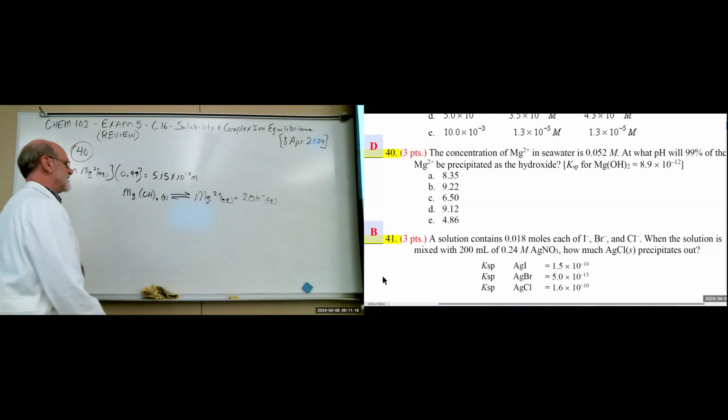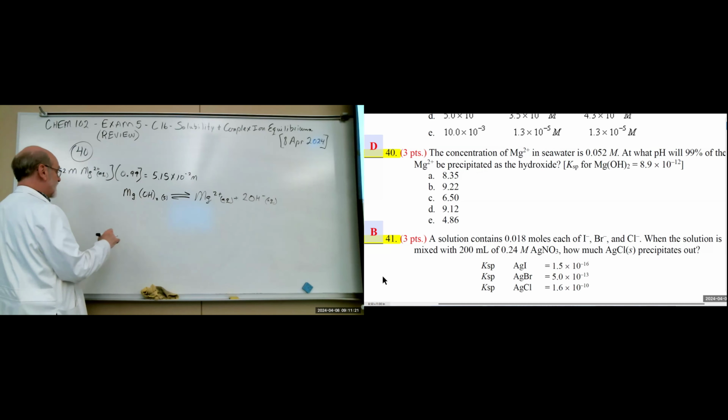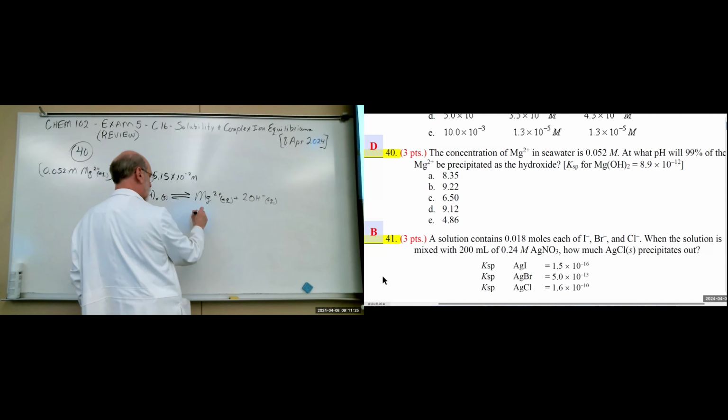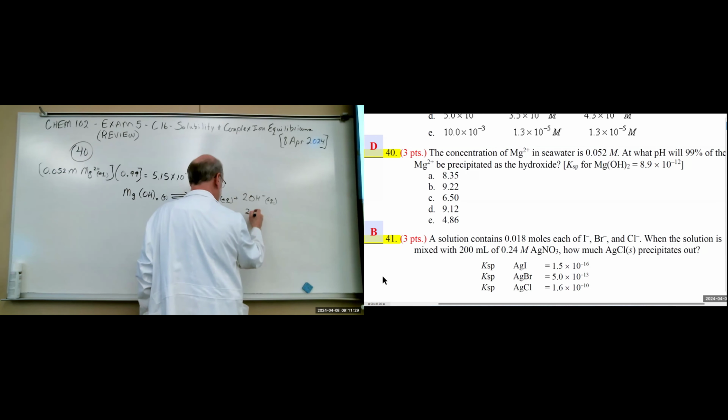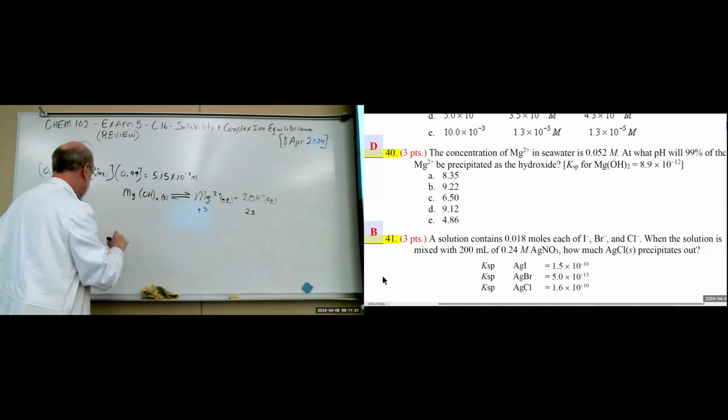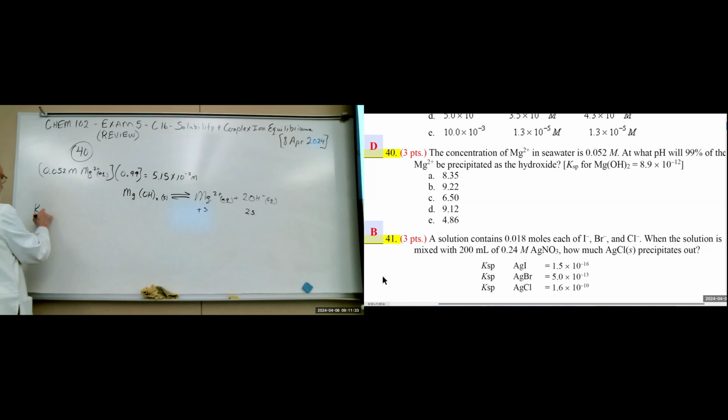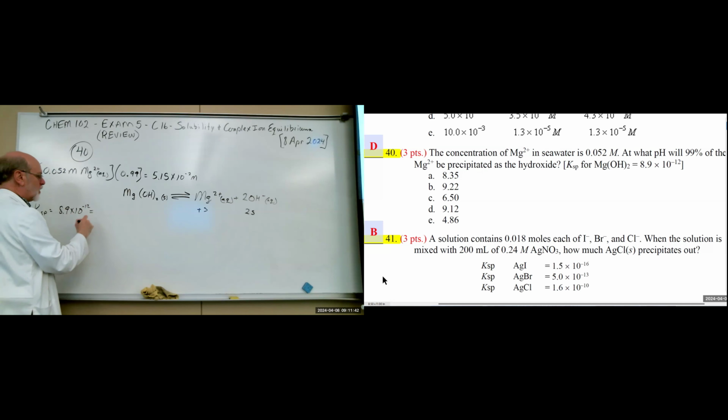Okay. So what are we going to get here? The Ksp, right? One of these gives you one of these. And one of these gives you two of these. So if we write the Ksp equivalence here, and the value is 8.9 times 10 to the minus 12. That's equal to what?